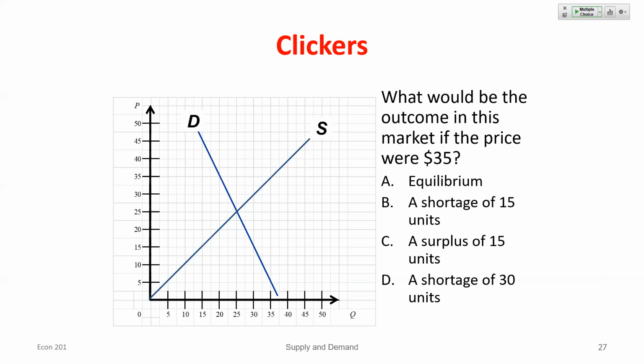So if we're looking at this, and I know this is kind of hard to see, but I'll point out some values so maybe you can determine it. If I'm thinking about equilibrium price and quantity here, it looks like it's 25 and 25.